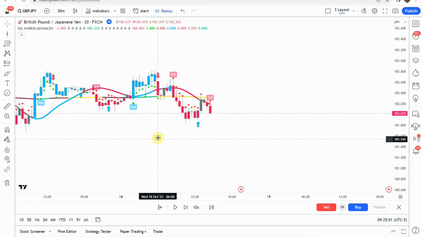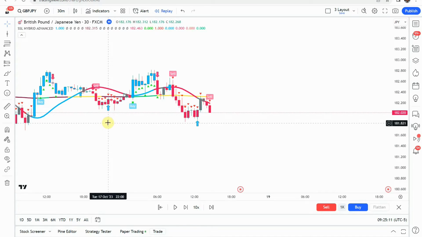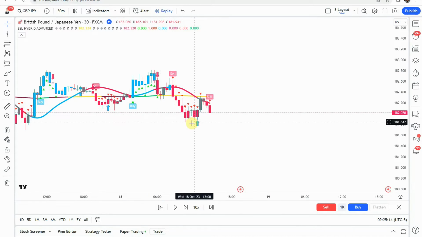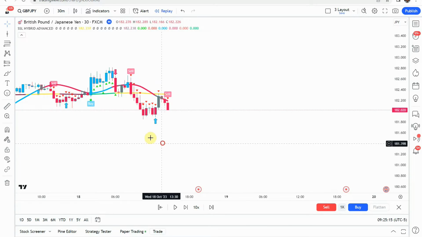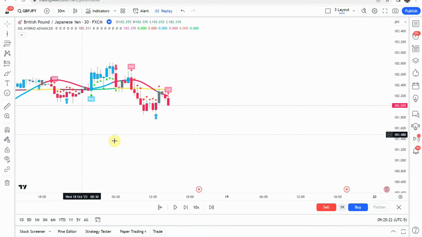Again, when we get a sell signal and price is below that 200 EMA, you can see right here, slightly trading below it, that would give us our entry right there. But what we'll do is just go ahead and look at this one right here, since you can see that we are clearly below that 200 EMA.